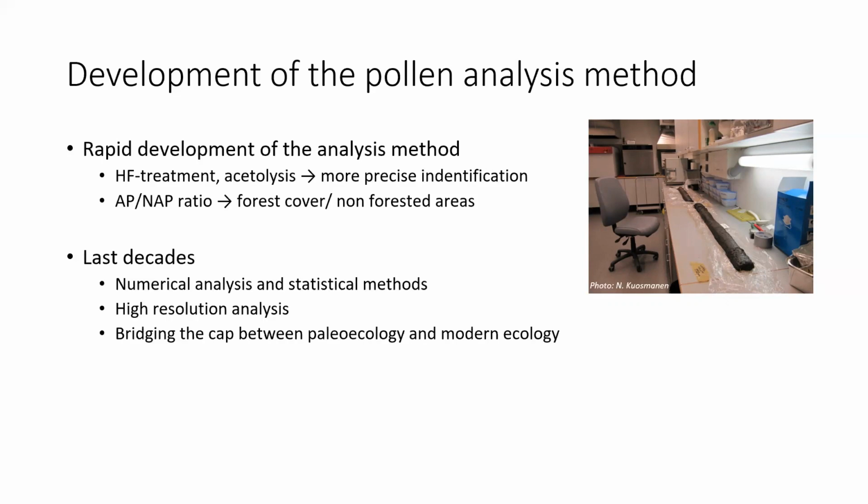During the last decades, pollen analysis has gone more and more from qualitative analysis of how vegetation has changed towards numerical analysis, using different statistical methods to look into the changes or relations of different factors affecting pollen data.